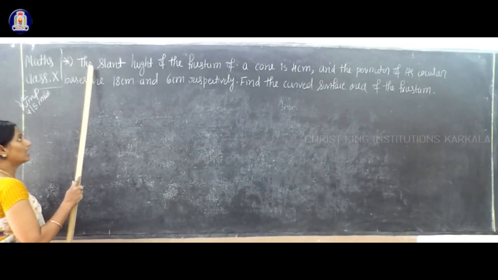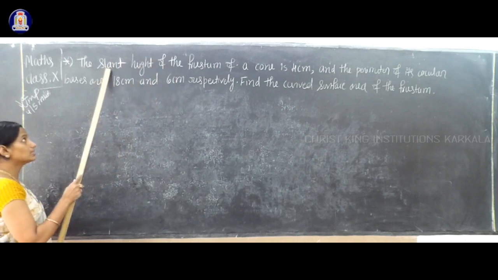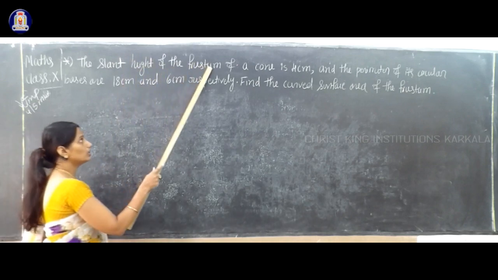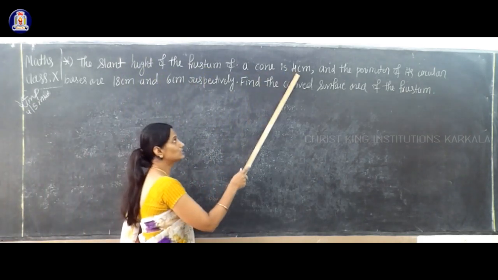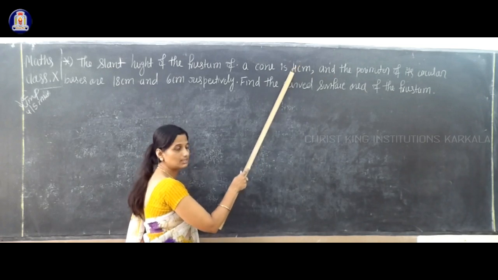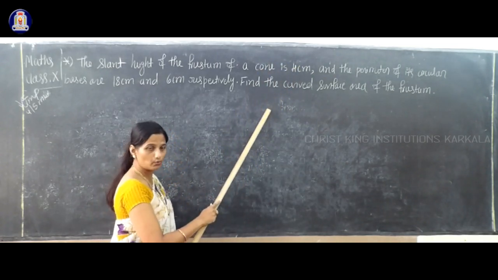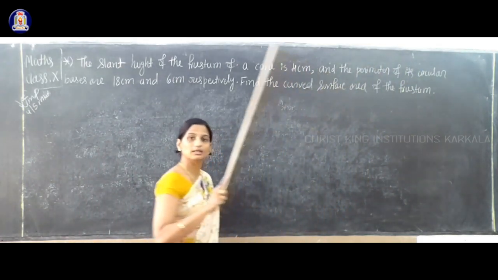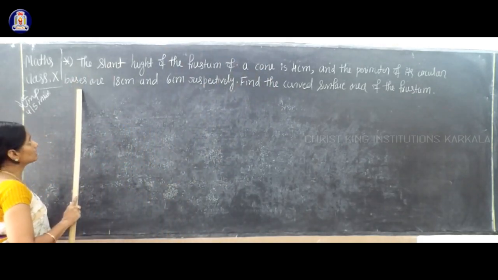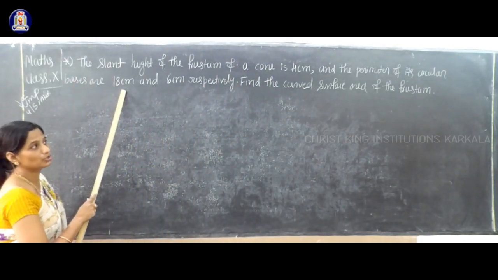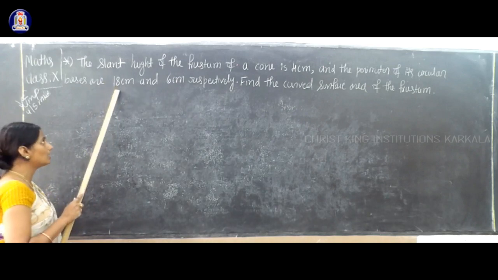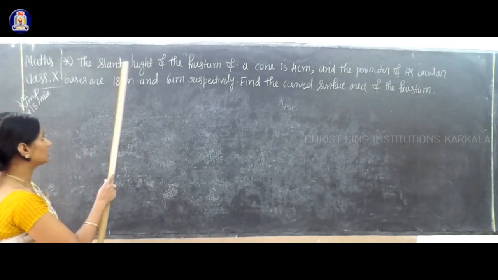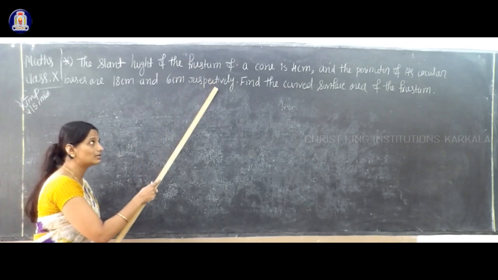Question: the slant height of a frustum of a cone is 4 centimeter. What is the notation for slant height? L is equal to 4 centimeter. And the perimeters of its circular bases are 18 centimeter and 6 centimeter respectively.